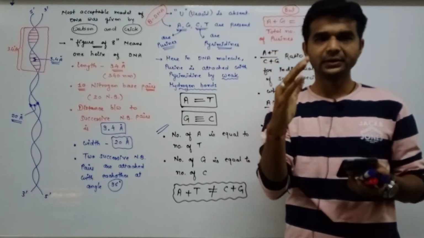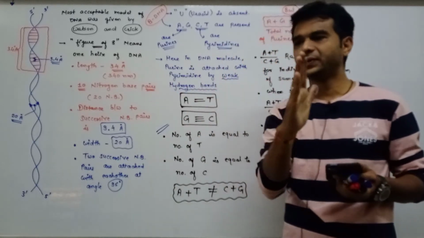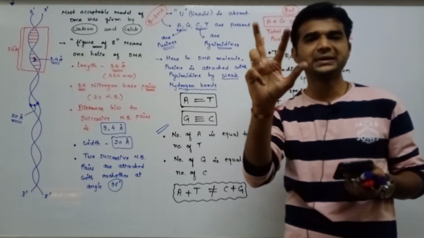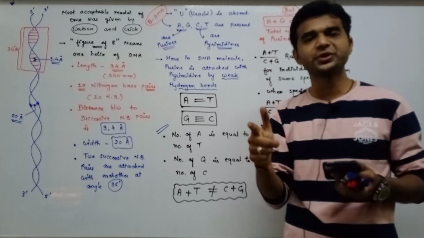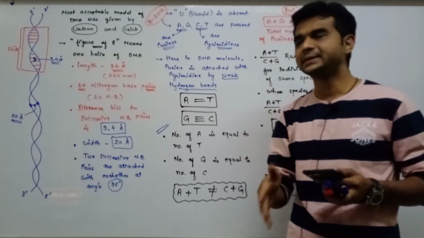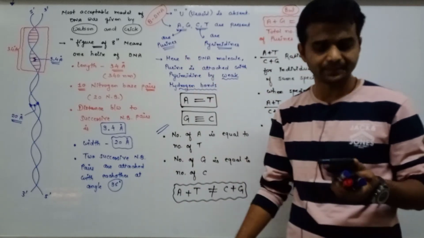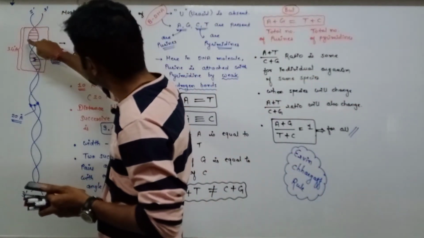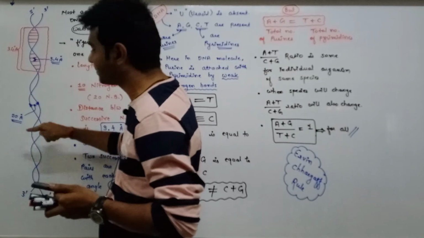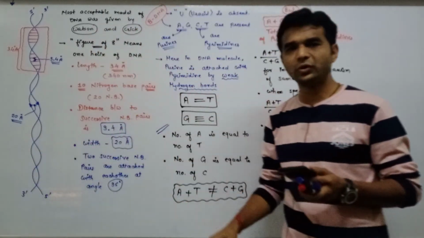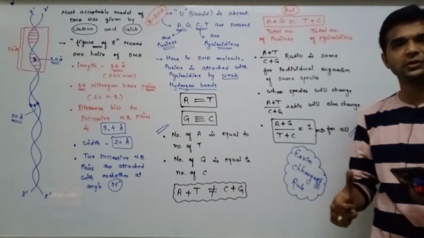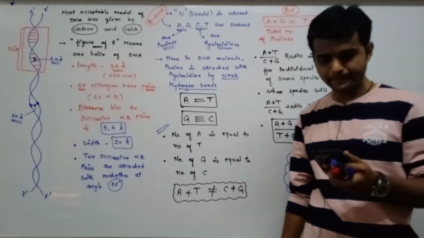And you know that the sugar is in front of each other. That sugar carries a nitrogen base. So the centermost portion of the DNA consists of nitrogen bases. So here the whole blue strand is known as the backbone, and that backbone is made up of phosphate, sugar, phosphate, sugar, phosphate, sugar, like that.